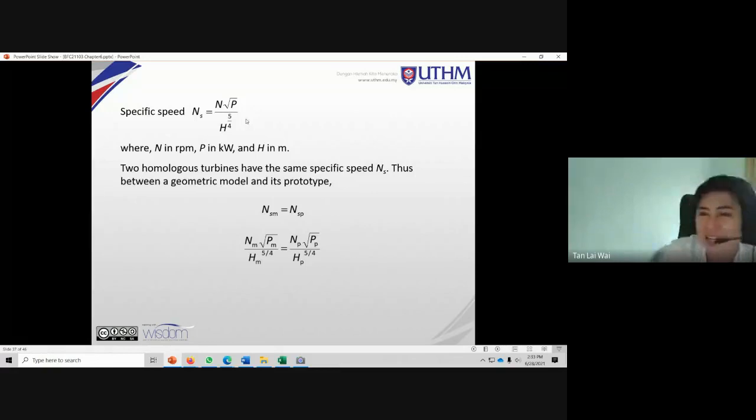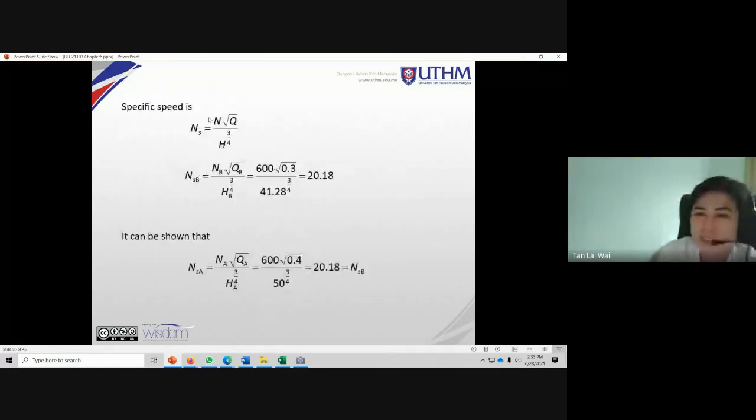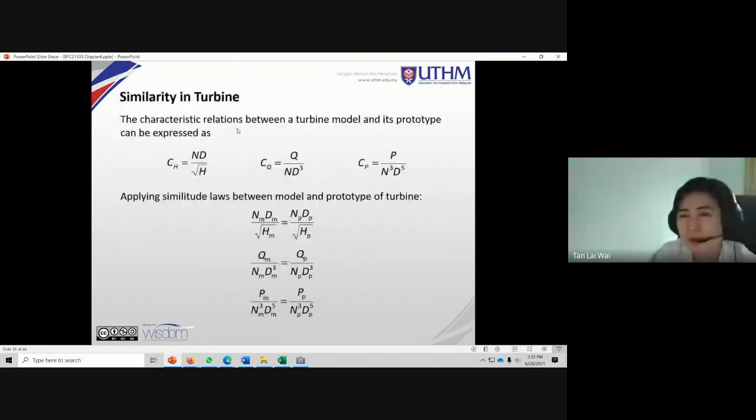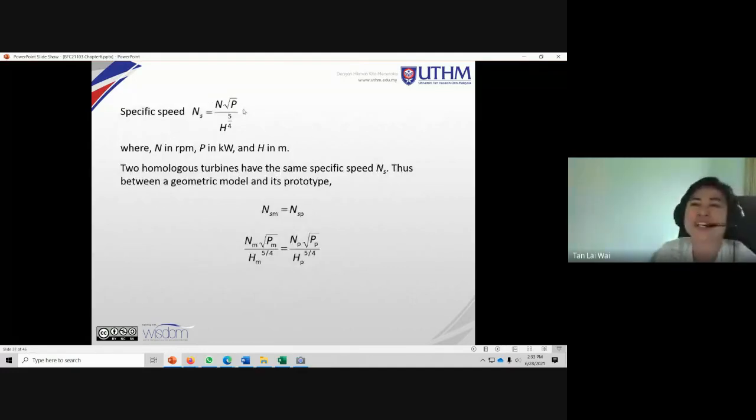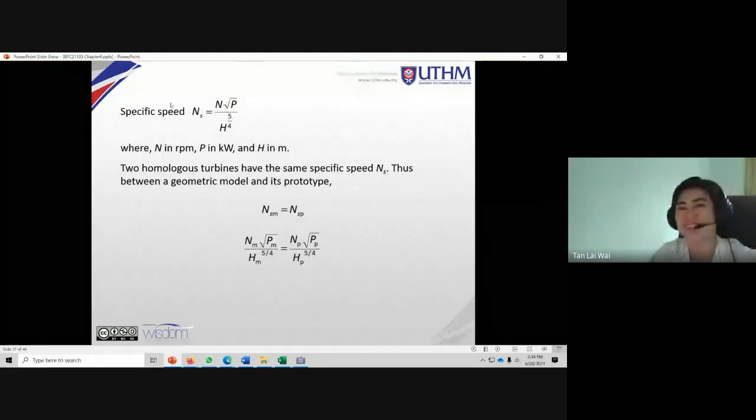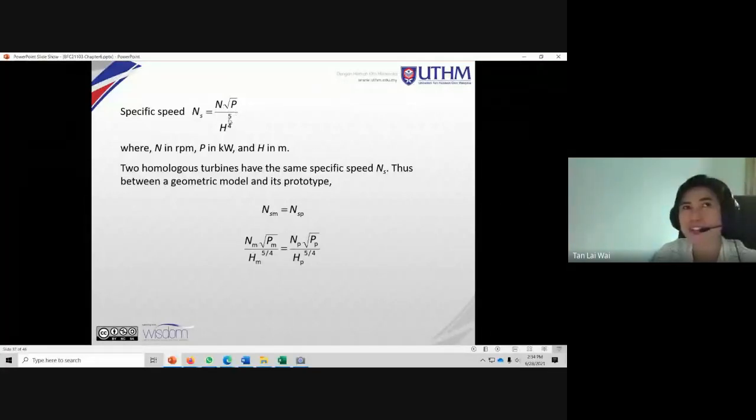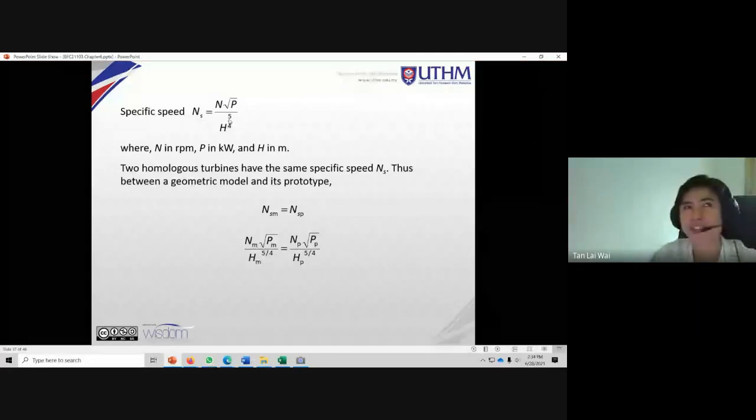In pump, you use discharge, but in turbine, you use power, the square root of P. A turbine utilizes the energy of water to produce mechanical power, while a pump supplies energy to water. So there's a difference there.